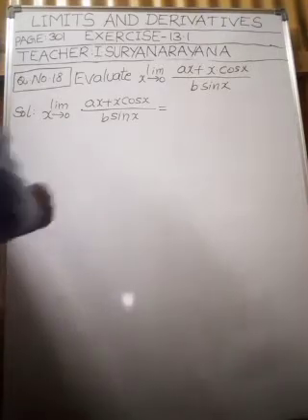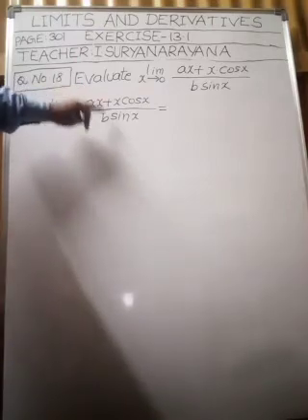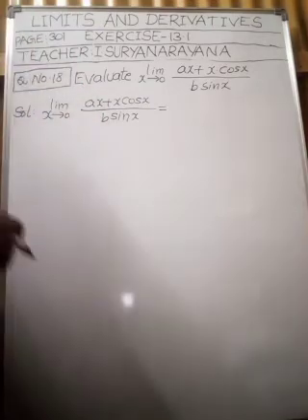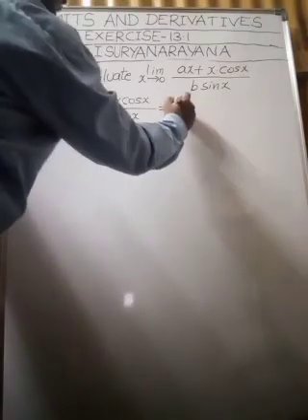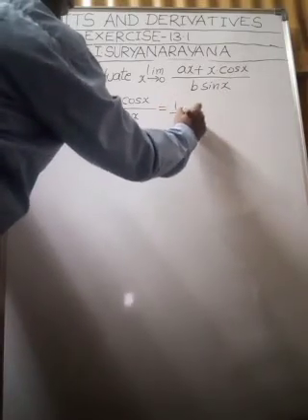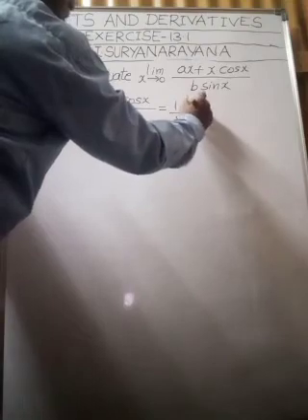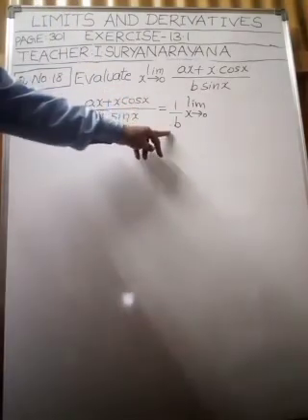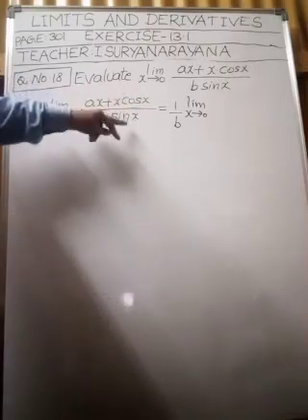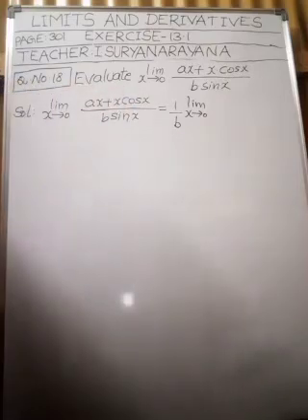Right. Now I will divide the numerator and denominator by x. And moreover here, b is a numerical coefficient. I will write it outside. 1 by b, as x tends to 0, limit. I am taking the numerical coefficient outside. At the same time, I am dividing the numerator and denominator by x.